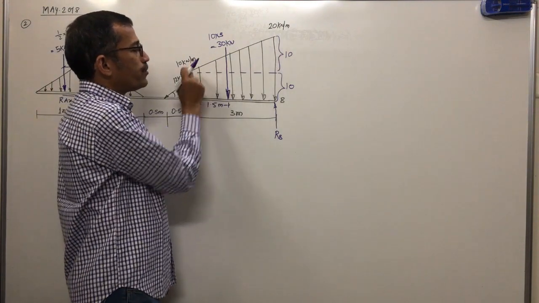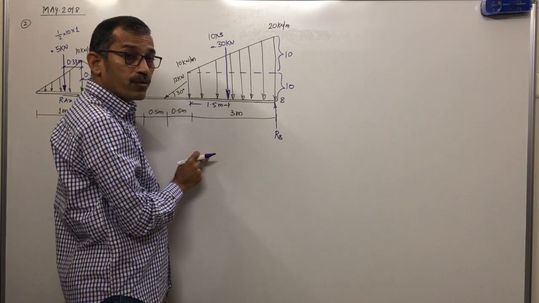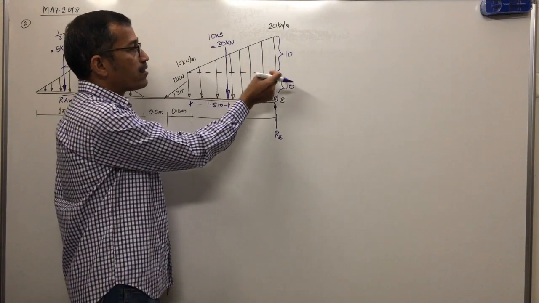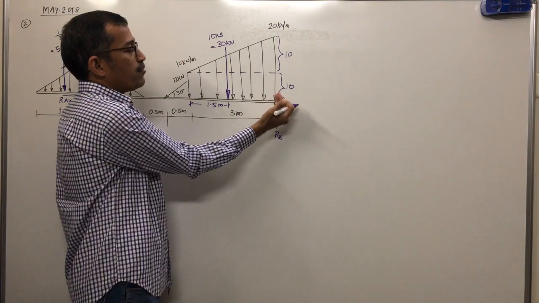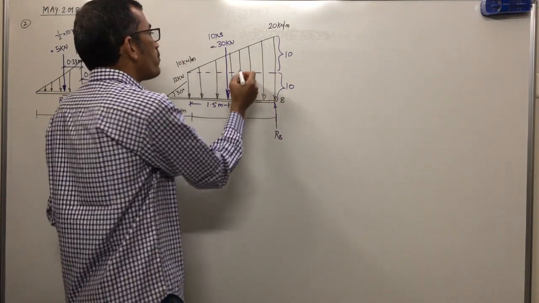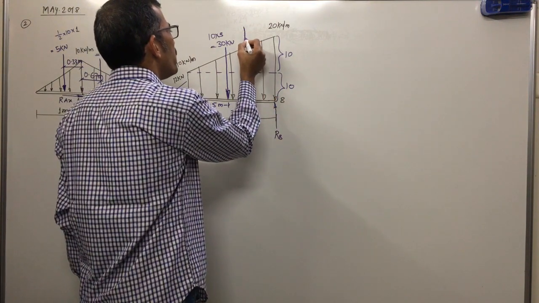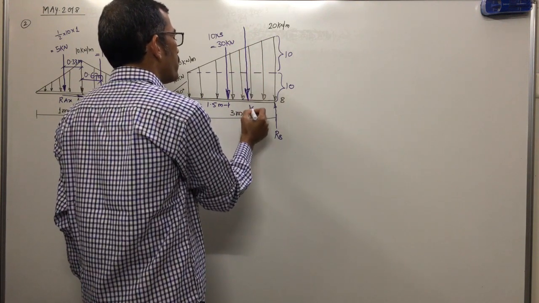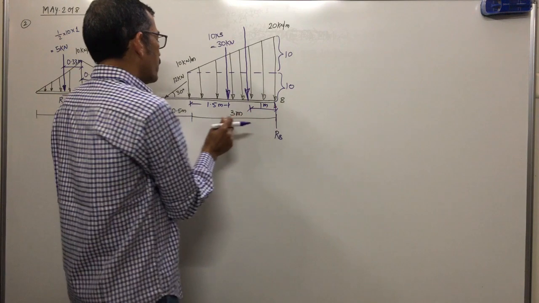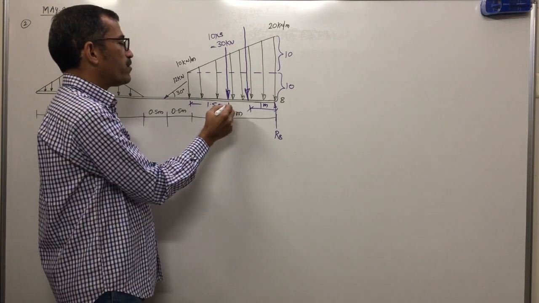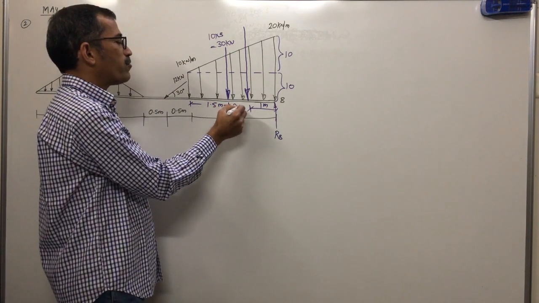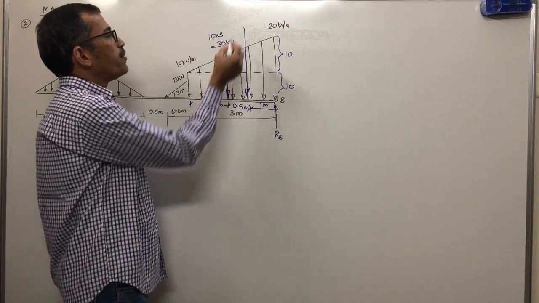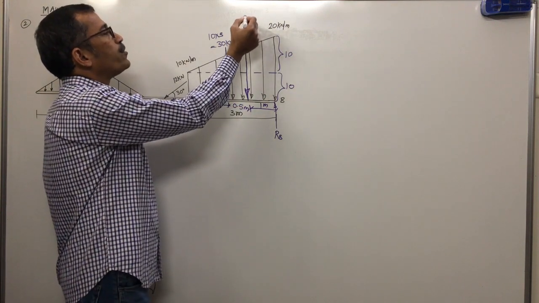The UVL is remaining now. Where will we get the equivalent of the UVL? At 1/3 from the maximum load. The maximum load is at B. From B, 1/3 of 3 is 1 meter. So total 3, 1.5, 1. That means automatically you will get this distance as 0.5 meter. Magnitude of load is WL by 2.